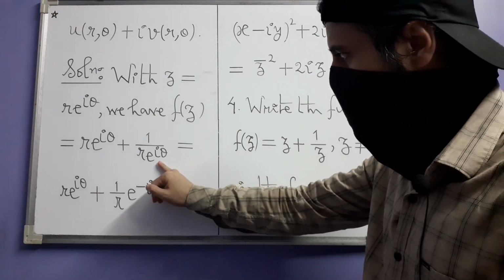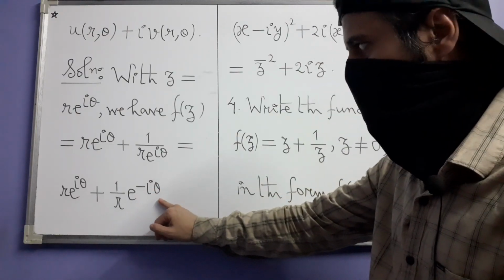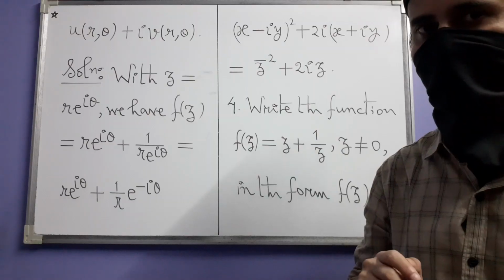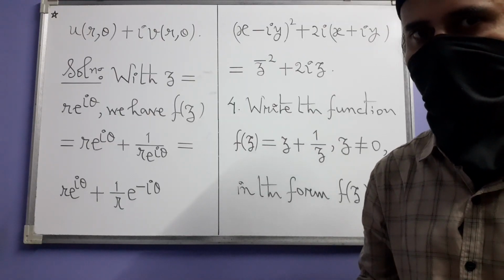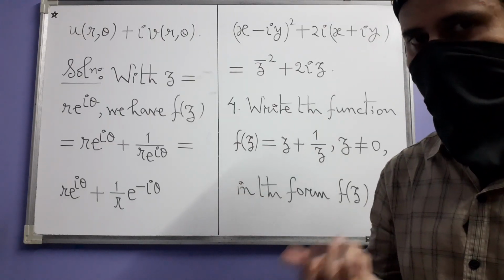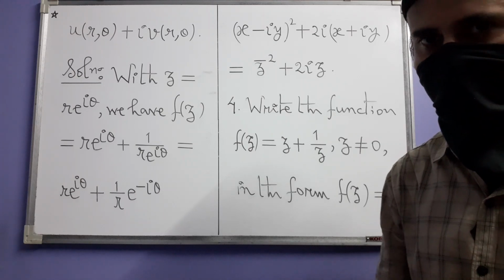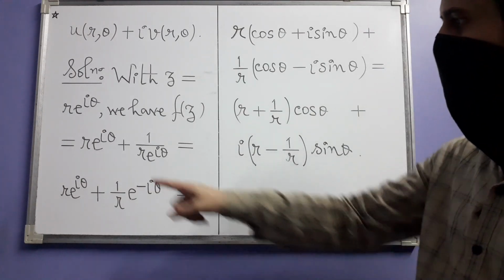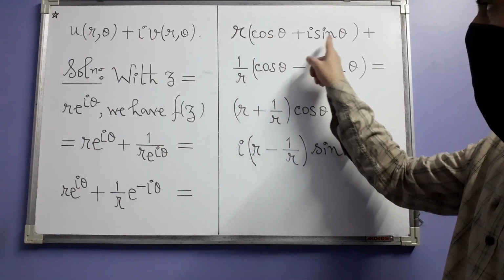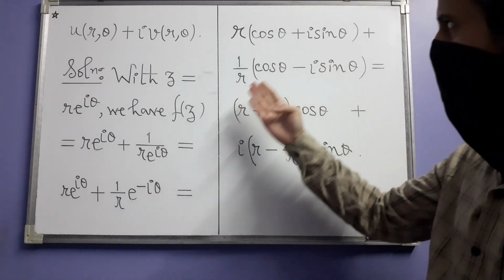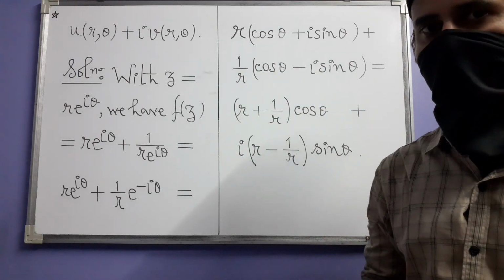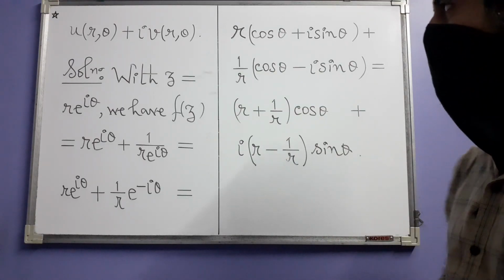Now this second term becomes this, because the reciprocal of e to the power i theta is e to the power minus i theta. We have already seen these things before in the previous chapter. And then we write what these exponents are. That one is cos theta plus i sin theta, and this one is cos theta minus i sin theta. And then you collect the real part and imaginary part.